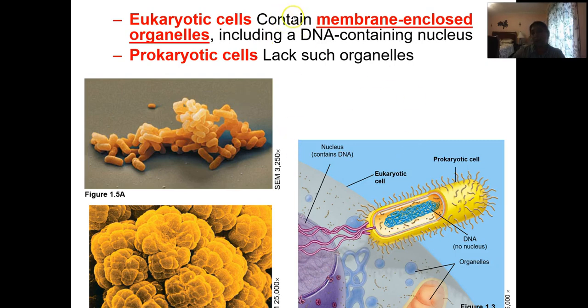Eukaryotic cells, on the other hand, contain the DNA in an actual category, in an actual room, so to speak. It has its own membrane, it has its own walls, and that's where DNA is in. That's your central command center. And then it has several other membrane-enclosed organelles that can maintain that cell's function.